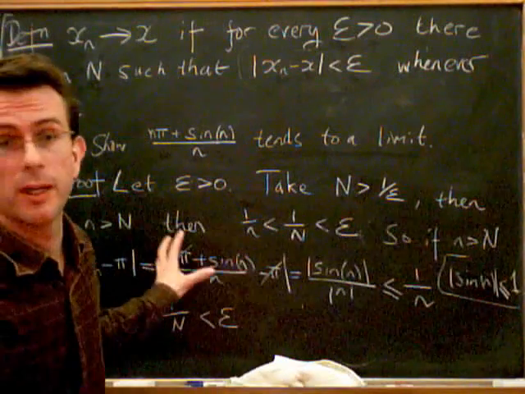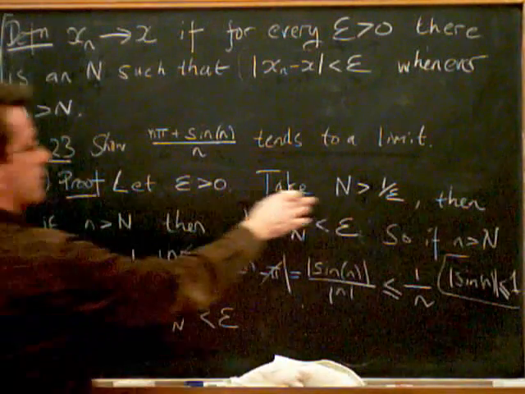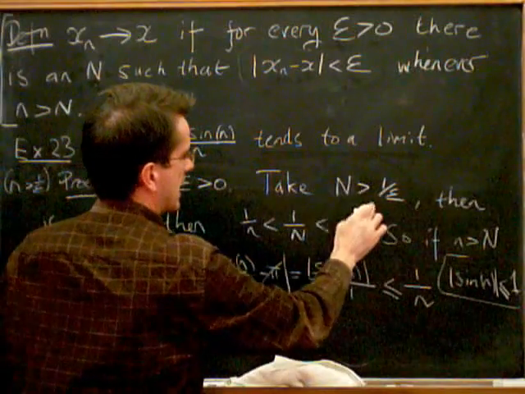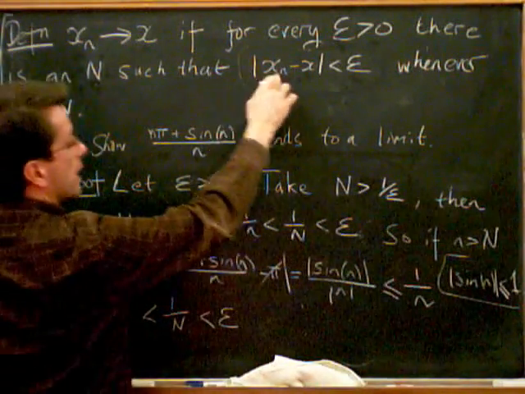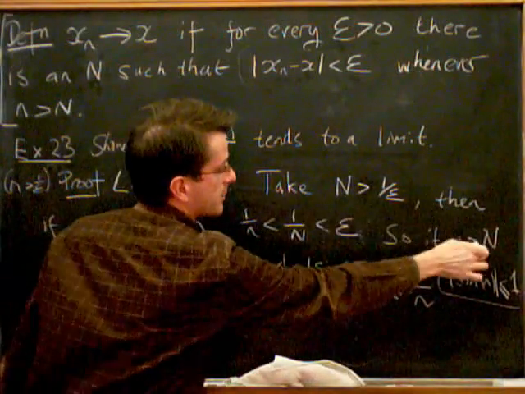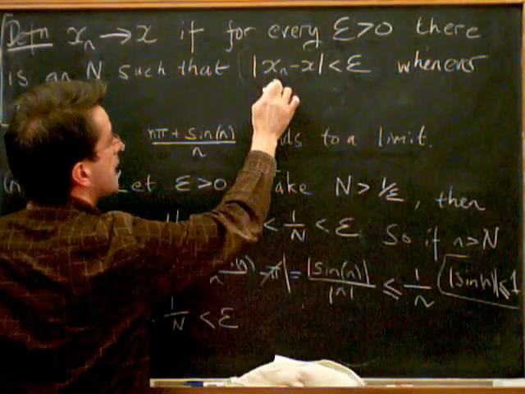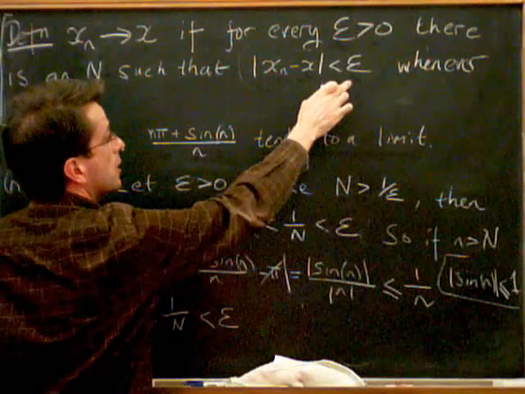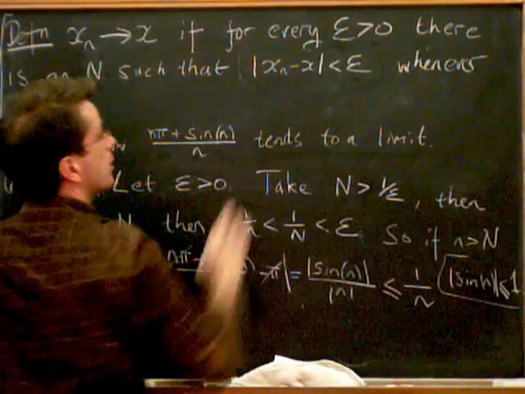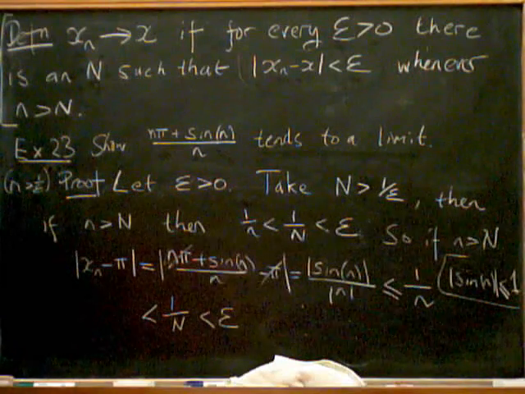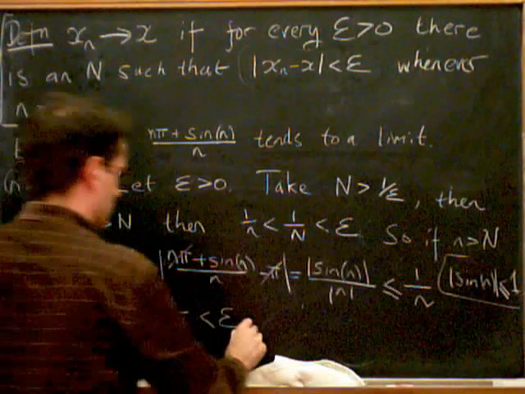Okay, and we've done everything we needed to do because we've shown that I've given you a big N, in this case 1 over epsilon, so that whenever little n is bigger than big N, the nth term in the sequence is less than epsilon distance to the limit point, which is pi in this case.